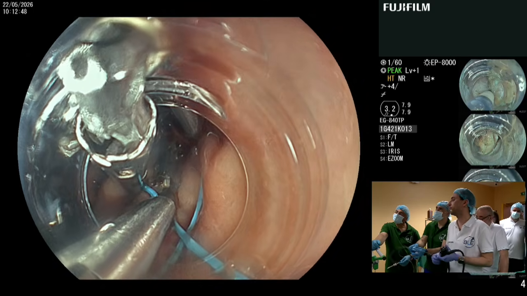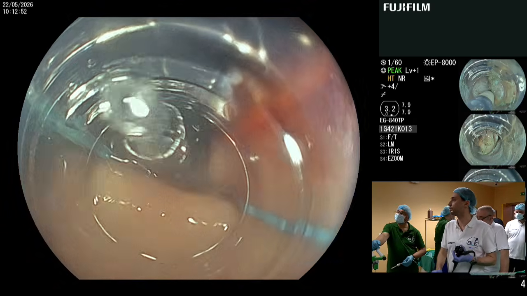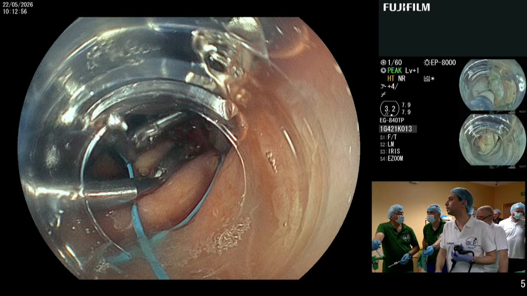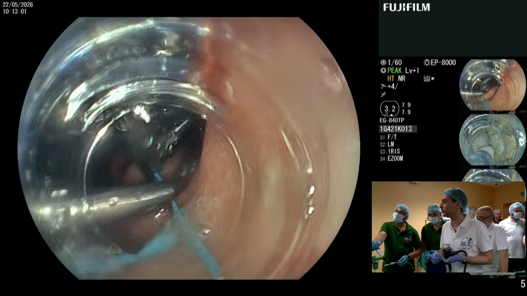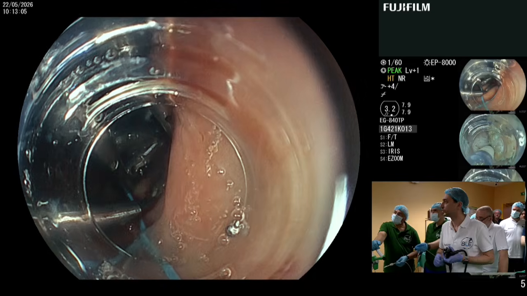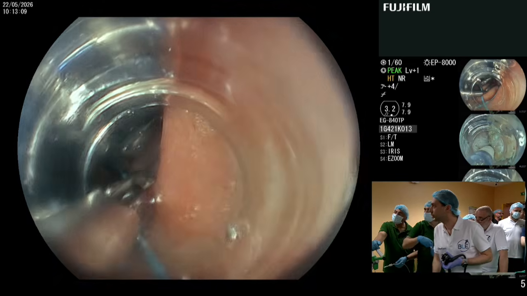Okay, one last. I will grasp with the last one both sides of the loop, and then we will close the loop. Okay.